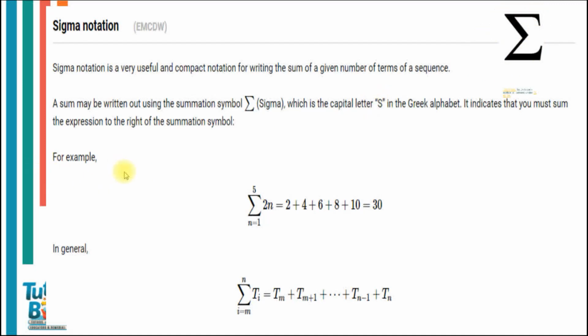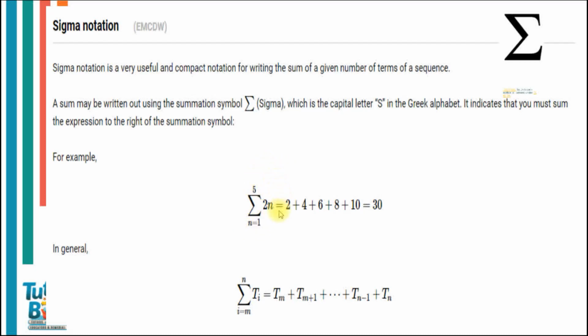So for example, let's say you have that sign, and then we have n is equal to 1, and we have 5 there, and then we have 2n. So basically what they're asking you to do is sum 2n from the moment that n is 1 up until n is equal to 5.